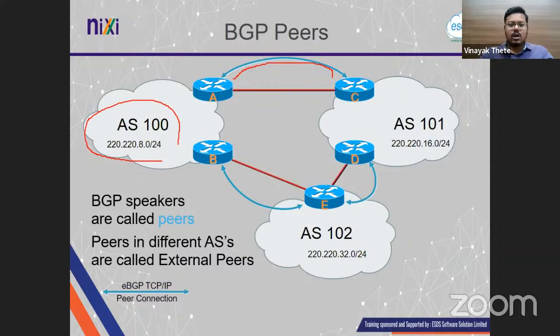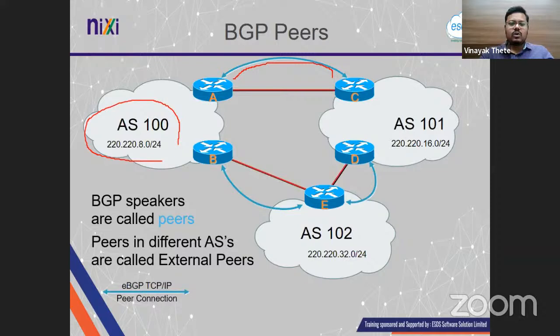So this /24 route is exchanged using the BGP pairs. The BGP pairing from A to C, which is from AS100 to AS101, both are in different AS. So those are called the external peers.